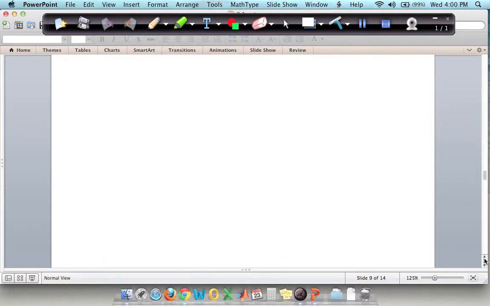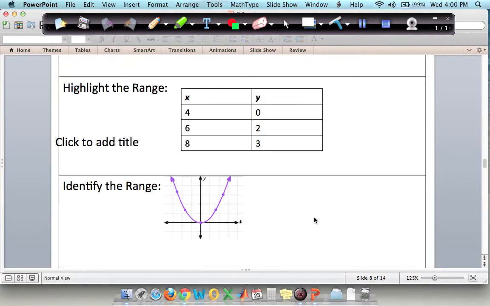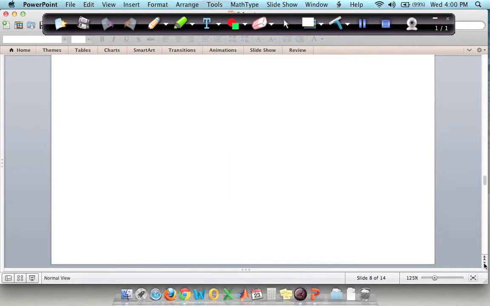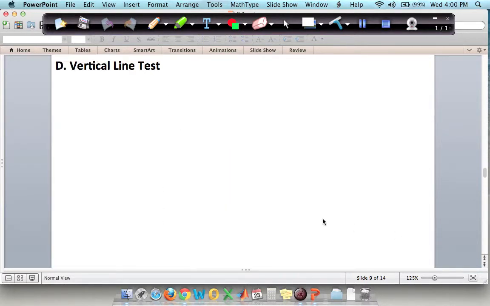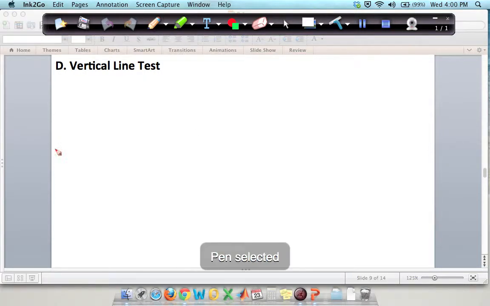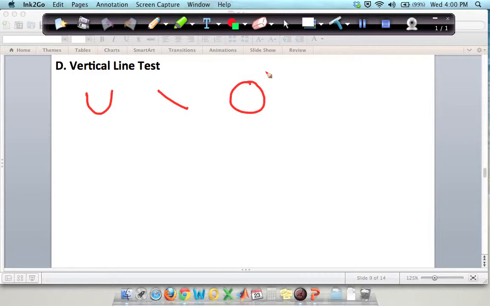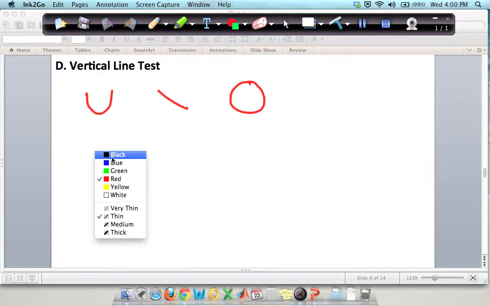Okay, so let's get to the next slide. There's a special test, called the vertical line test, to show whether a graph is a function or not. So I'm just going to draw a couple of graphs: a parabola, a straight line, and a circle. The vertical line test says if you draw a vertical line through your graph and it only hits once, it's a function.